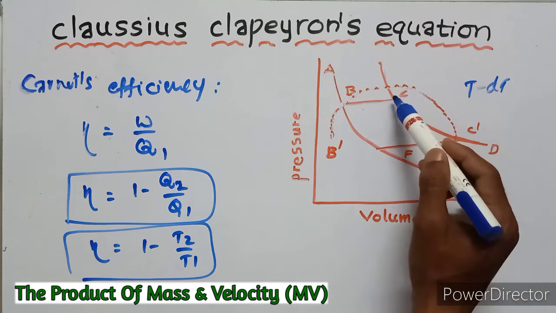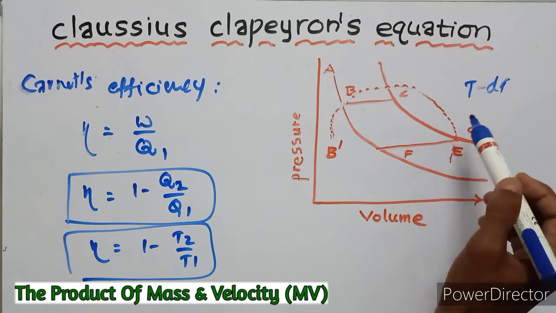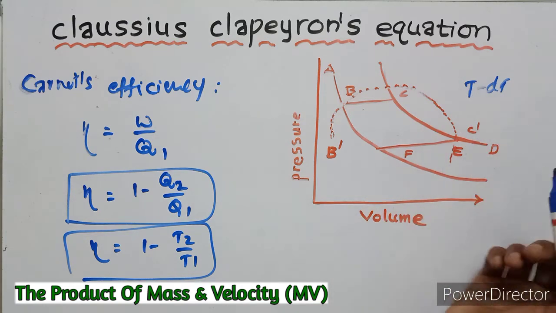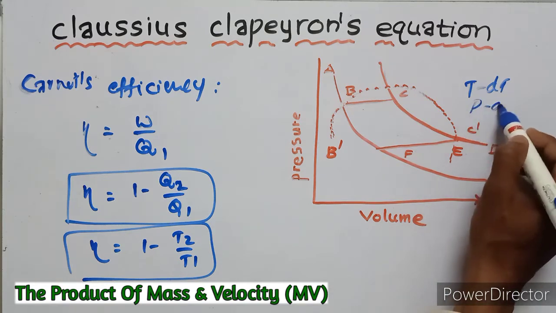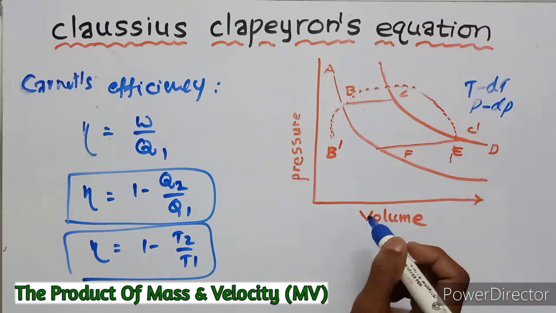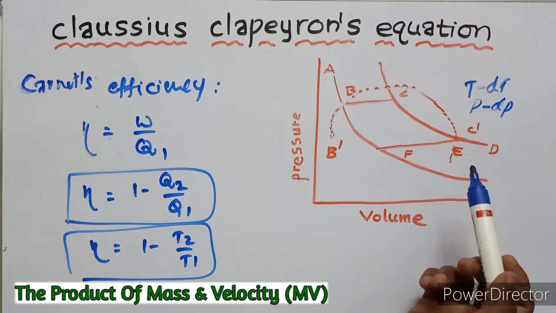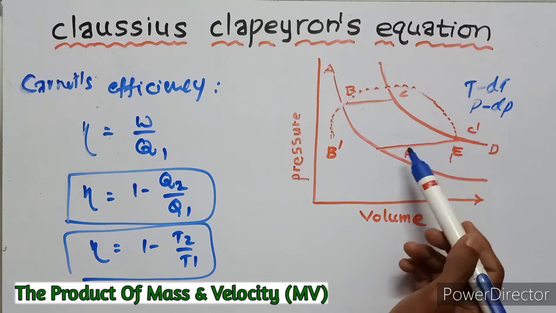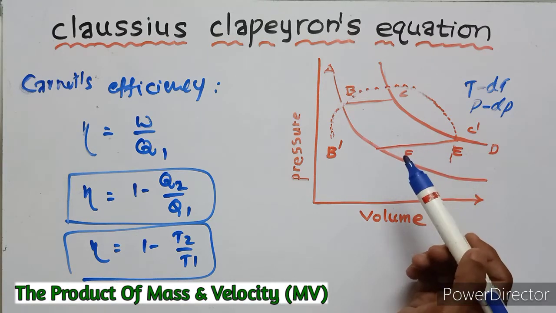So the temperature drops to T minus dt, while the pressure drops to P minus dP. Third one is the reversible isothermal compression, that is FE.